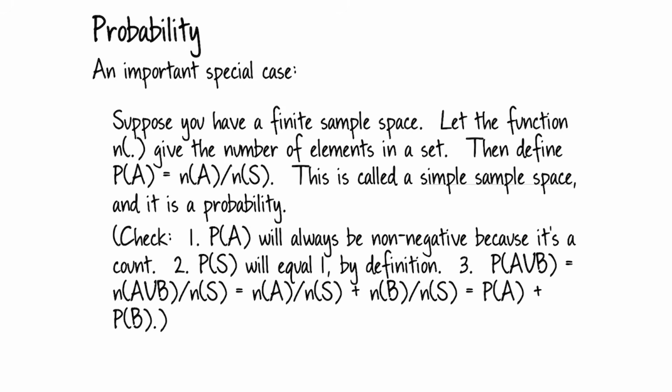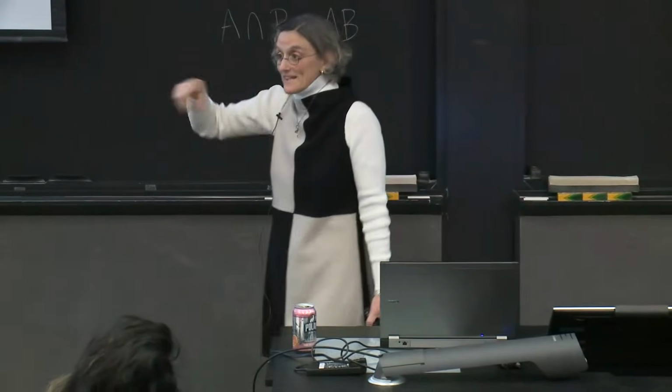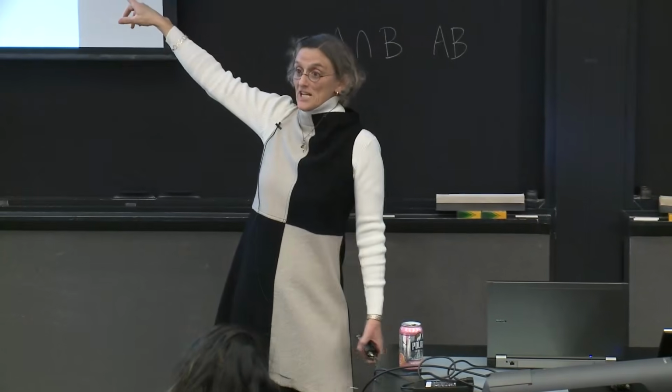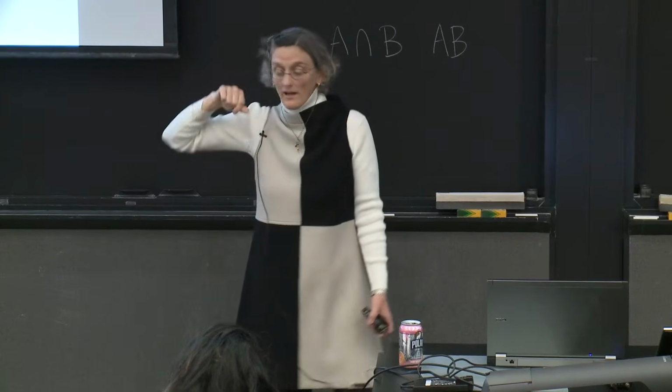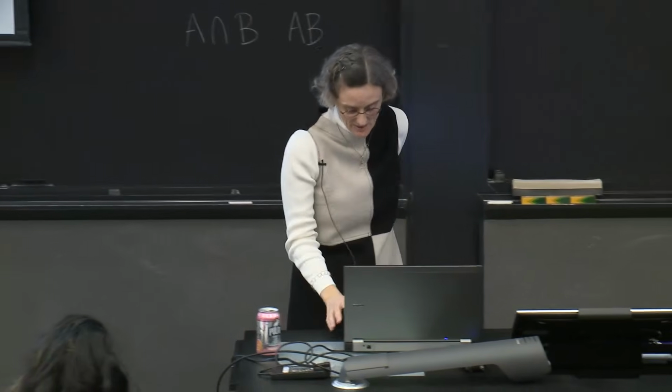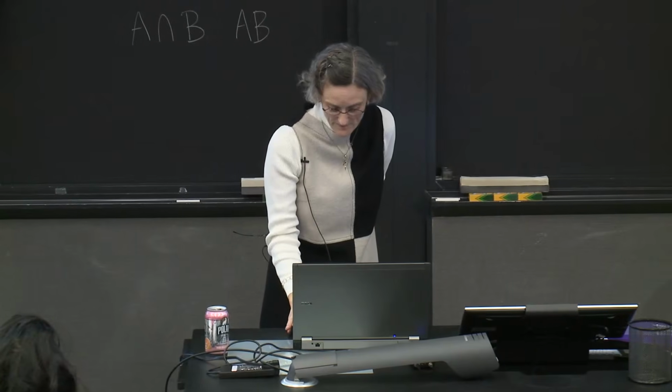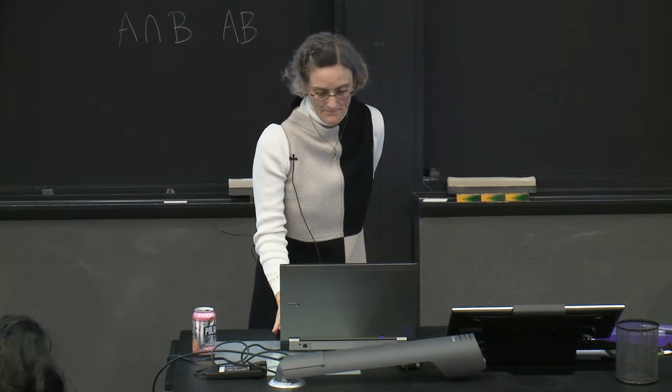Is this okay? So you can just go back and look at the axioms with this particular function and double check to convince yourself that it satisfies all the axioms.